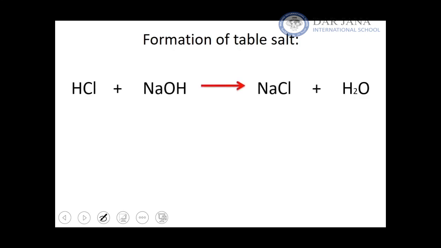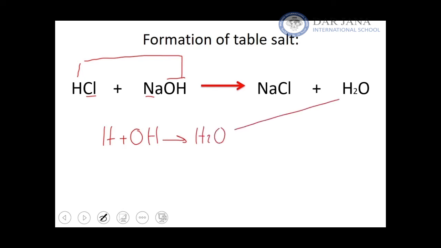Formation of table salt. If you take hydrogen chloride as an acid and mix it with sodium hydroxide, as we know, hydrogen will combine with hydroxide and the rest will combine together. So H plus OH will give you water, H2O, and sodium plus chlorine will give you sodium chloride, NaCl.